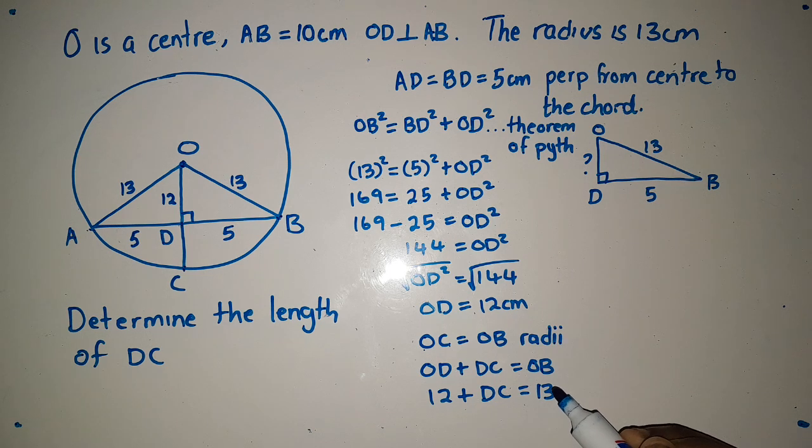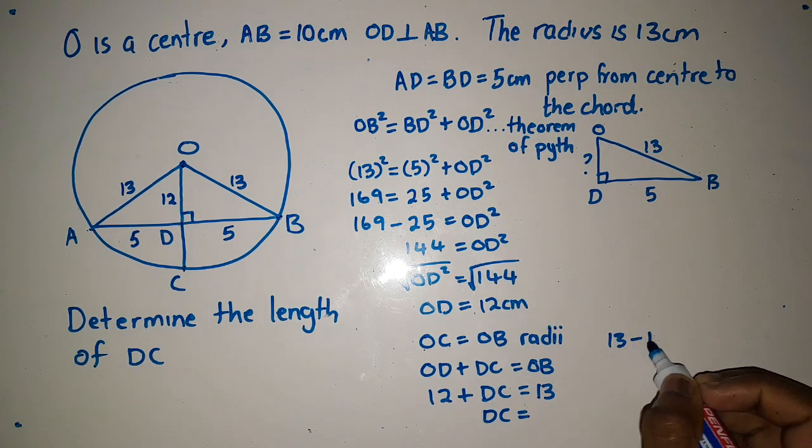To figure out DC now, we can then say 13 minus 12. We take 12 to the other side. It's going to be DC equals 13 minus 12.